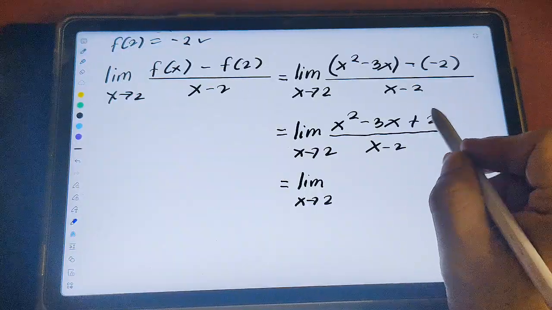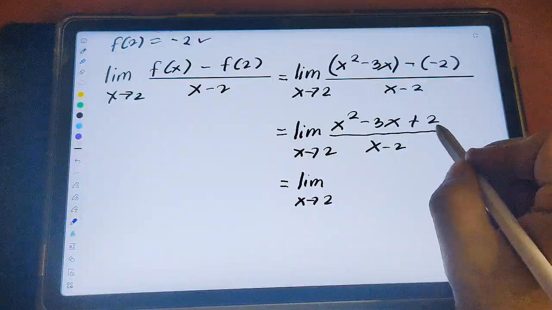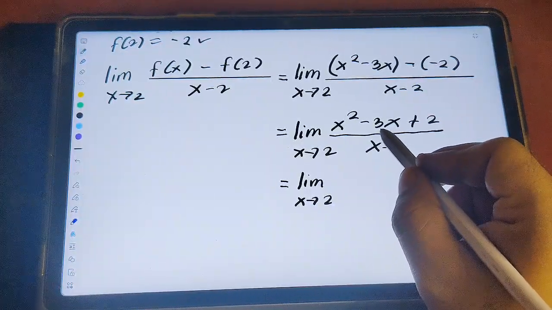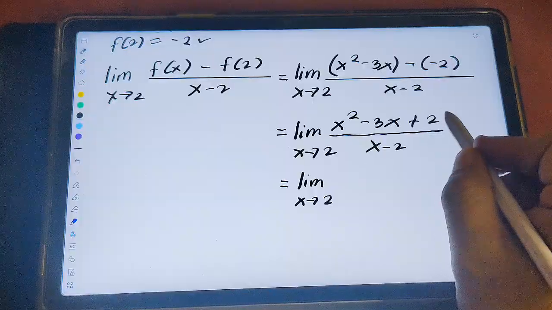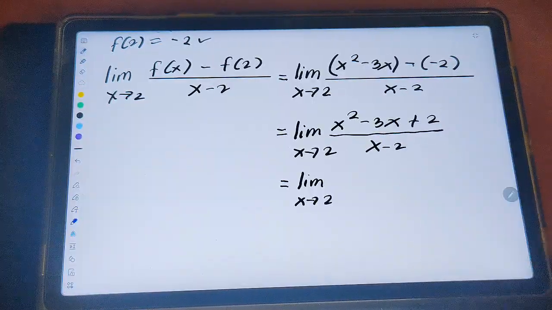So we need to think of two numbers whose product is positive 2 and at the same time the sum is negative 3. So since the product is positive and the sum is negative, the two numbers must be both negative because negative times negative, positive.